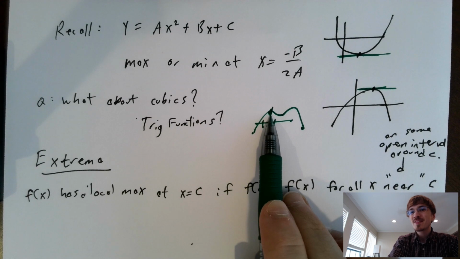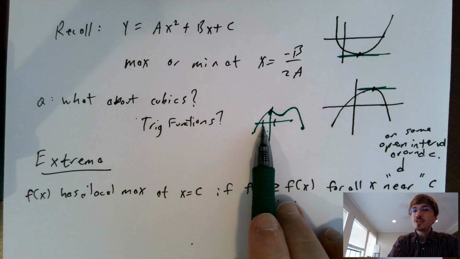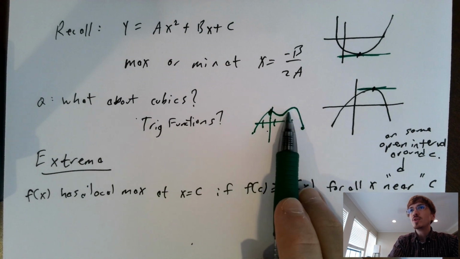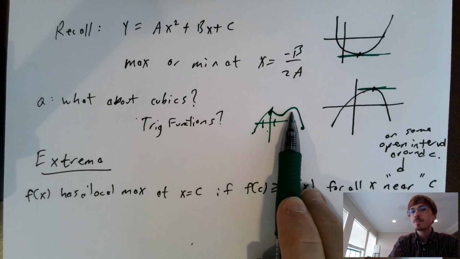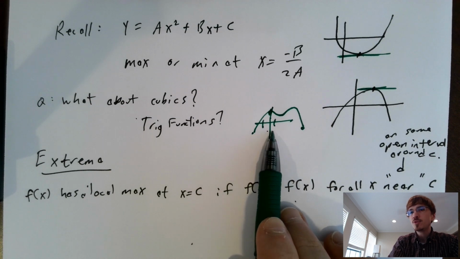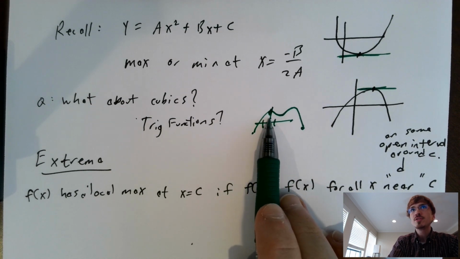If you make the open interval larger, you'll go over here, but this one's the king of its own little mountain. So a local maximum just means that there's some little open interval around which this point is the king of the mountain.